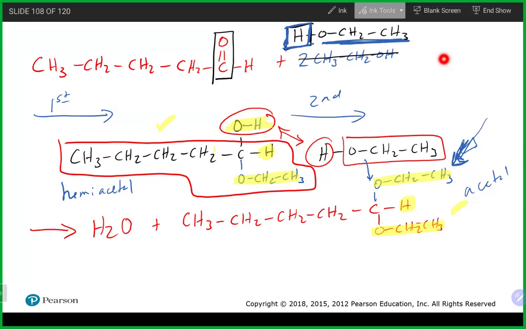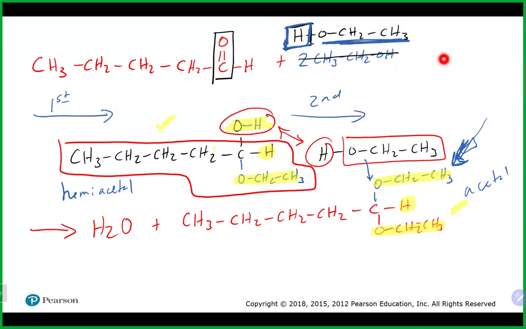Now, we could also do this with ketones, and it's pretty much the same deal. It works exactly the same way, except there's a few things missing because we're starting with a ketone rather than an aldehyde. So if we just take a nice simple ketone, and we'll take a nice simple alcohol here.